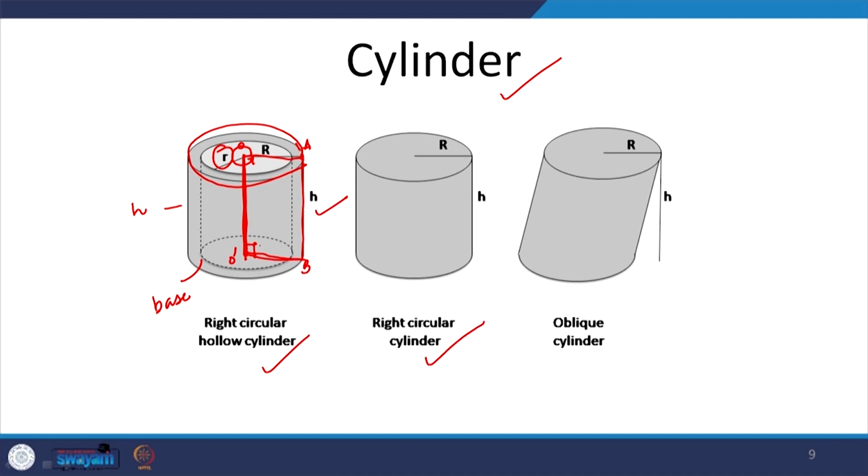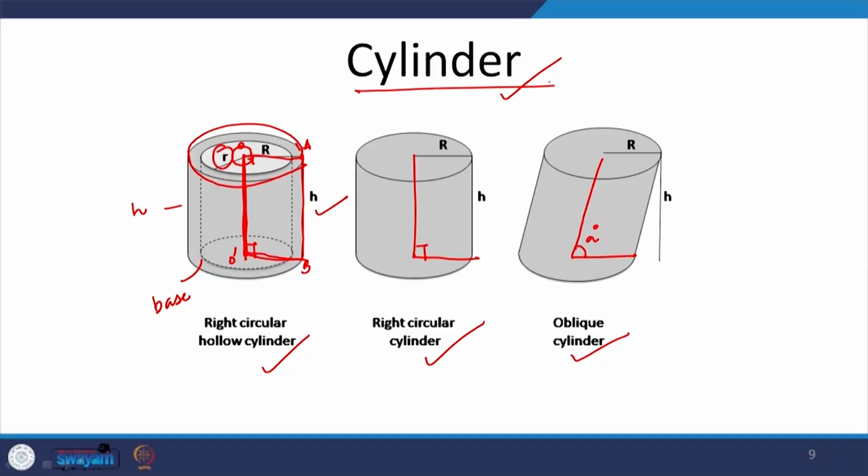In both cases, the axis is perpendicular to the base, and in case the axis is making a certain angle with the base, it is called an oblique cylinder, as it is slightly inclined. This is the simple shape of a cylinder, and I do not really have to show it to you, but a cylinder has two circular faces, and there is one face which is connecting these two circular faces. So, there is no rectangular face, there is no triangular face which forms the cylinder.